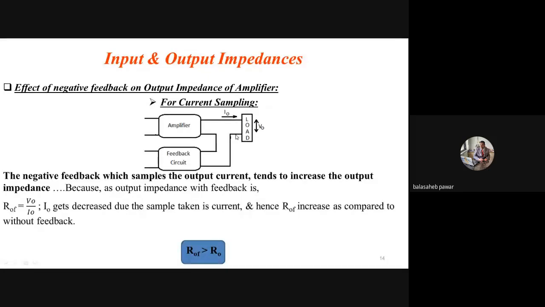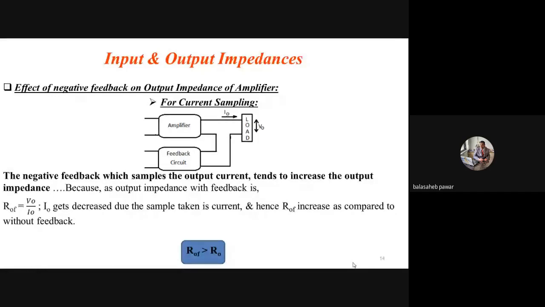So if the sample taken is current, from the net output current, that is IO, that IO will get decreased. As ROF equals VO by IO, now the denominator term gets decreased. ROF is inversely proportional to IO. So if IO decreases, ROF will get increased, and hence in general it is said that the output impedance gets increased by using negative feedback in case of current sampling, right?